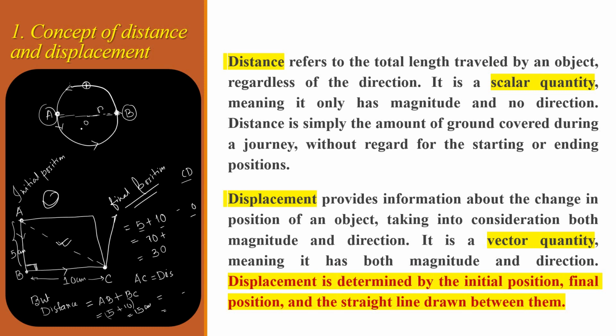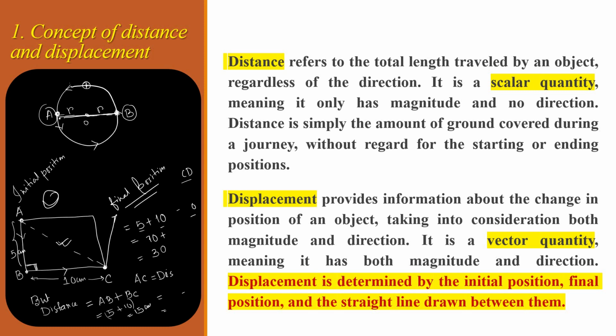So the distance covered by the man is the circumference of the semicircle, but the displacement is the diameter. The circumference of the semicircle is 2 pi r divided by 2, and in this case the displacement is twice r.